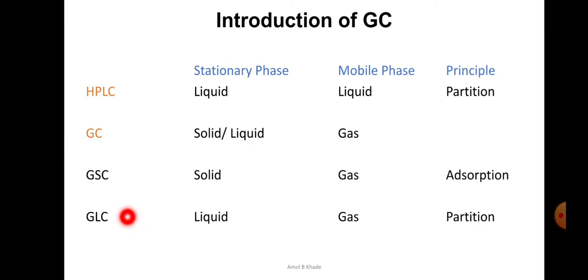In case of the second type, that is GLC, gas liquid chromatography, the stationary phase is liquid and the mobile phase is gas. So the separation is based on the partition coefficient.